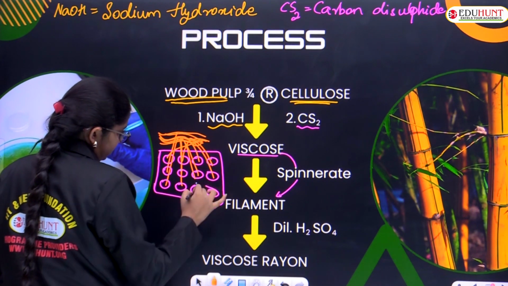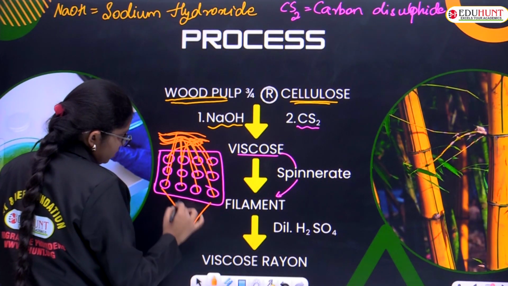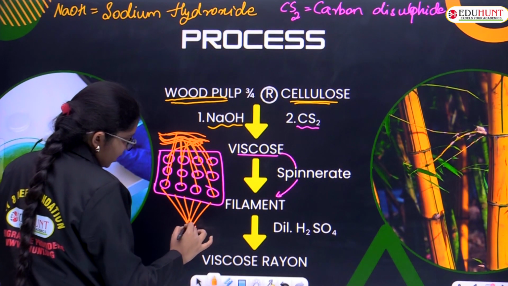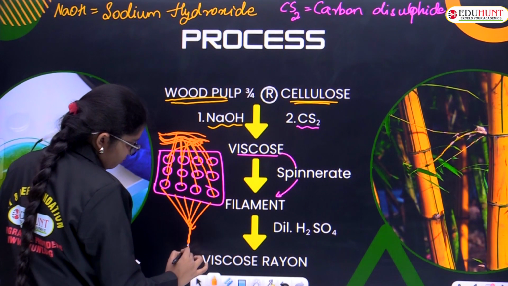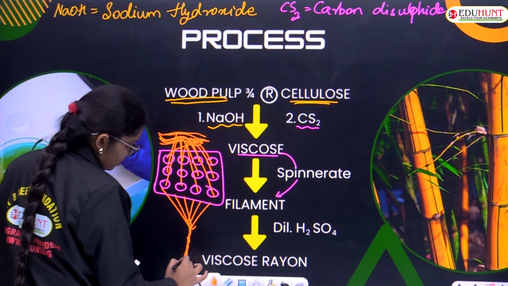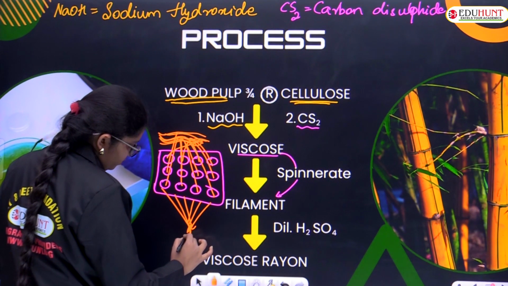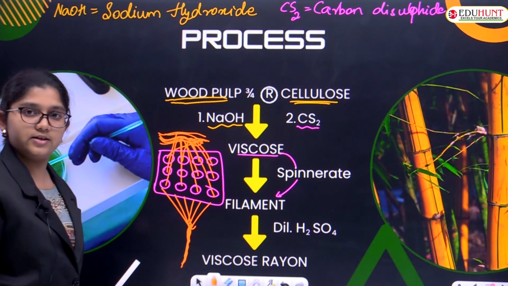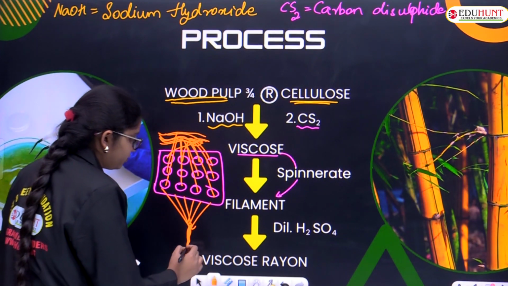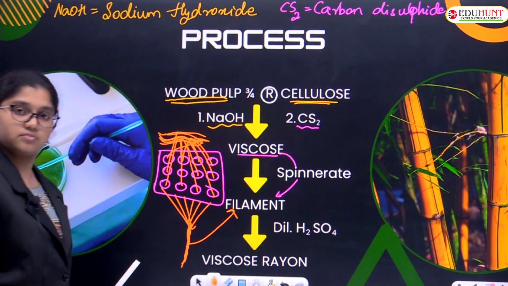Finally, you'll get all these mixed into one fiber, which is thick and good in appearance for holding, okay children? That kind of thing is known as a filament, okay?